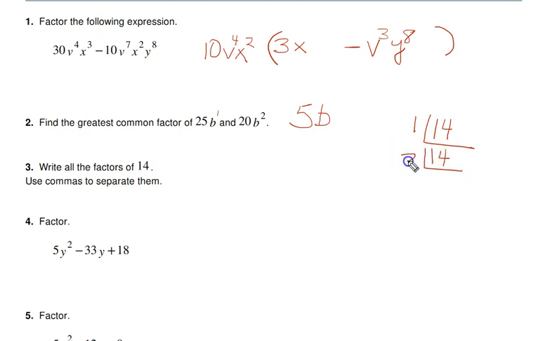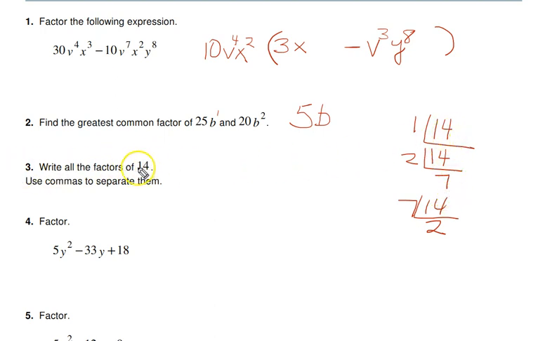We can take a 2 out of there, and that would be a 7 left. So we could take, out of 14, we can take a 7 and get 2. And I think that's about it.